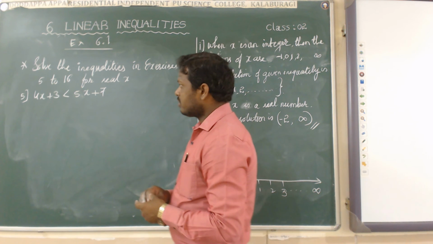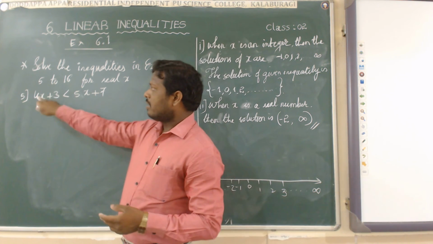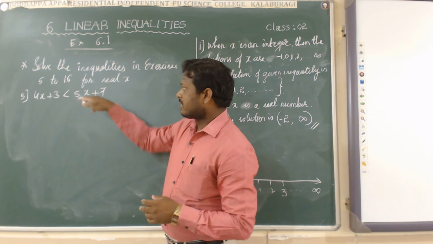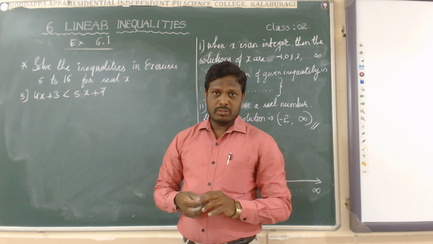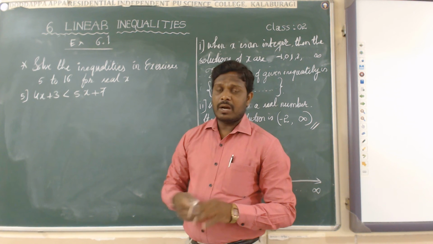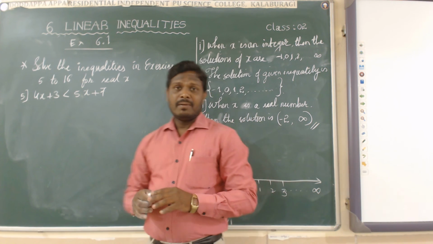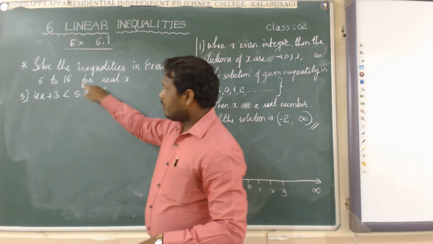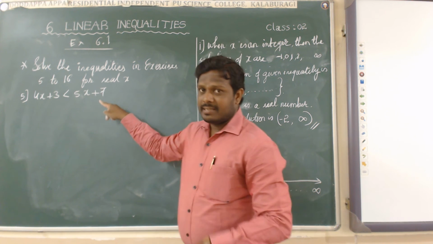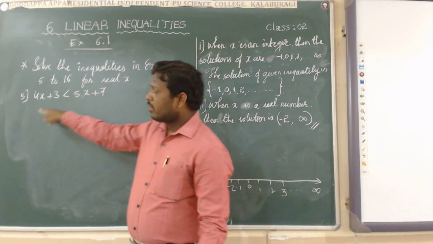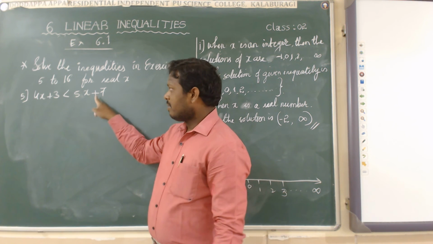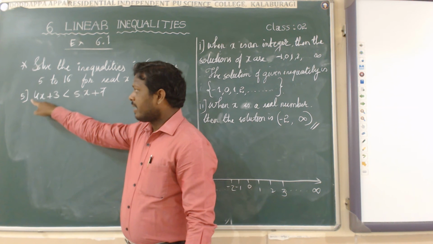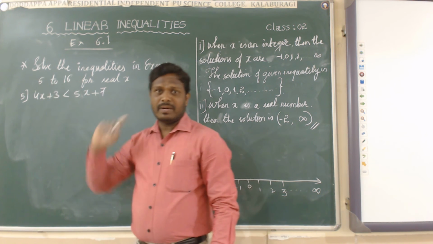First of all, I want to remove the 5x from the RHS. So we have to subtract both sides by 5x. Then when you simplify, -5x plus 4x remains -x.